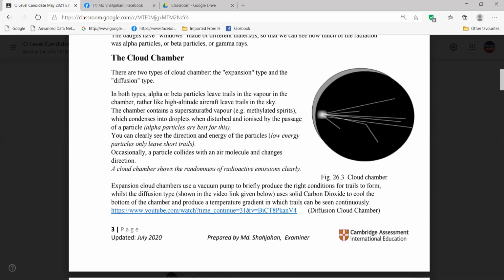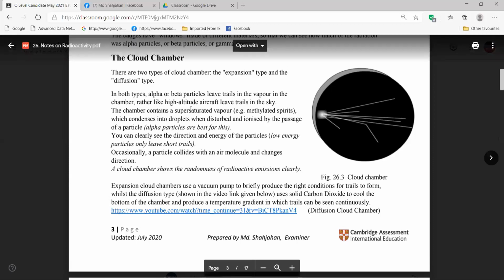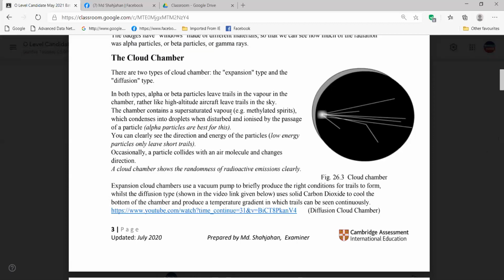So this one is methylated spirits, alcohol, methyl alcohol, ethanol, you know them, right? So these kinds of liquid are used over there, the methanol, methylated spirits. Then this is used as vapor, supersaturated vapor.